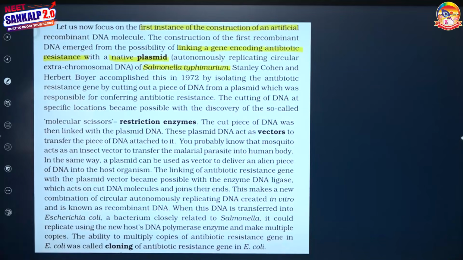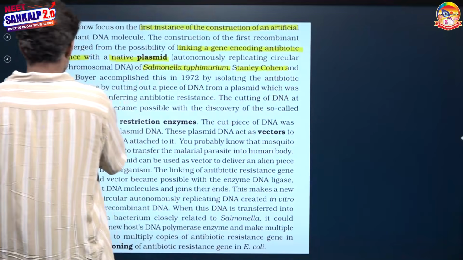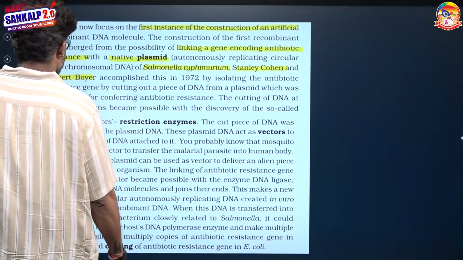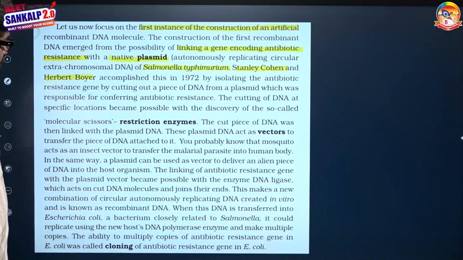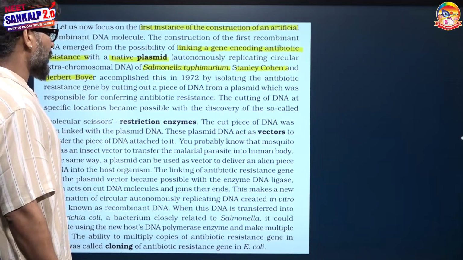Stanley Cohen and Herbert Boyer, two scientists, accomplished this in 1972 by isolating the antibiotic resistance gene, cutting out a piece of DNA from the plasmid which was responsible for conferring antibiotic resistance.